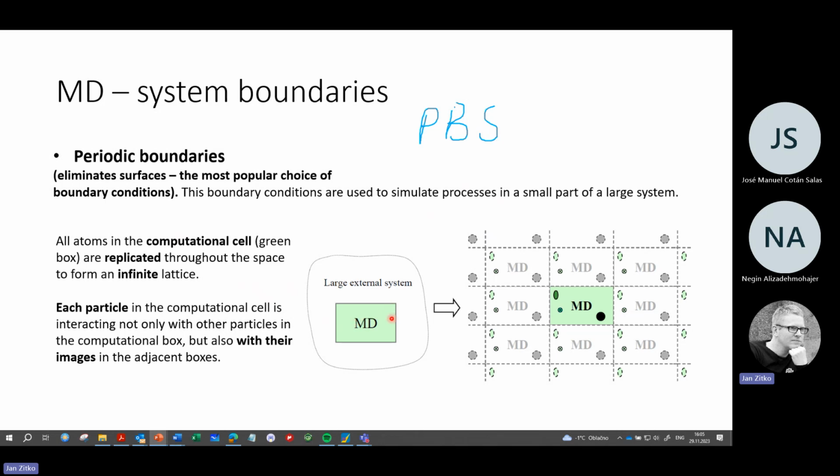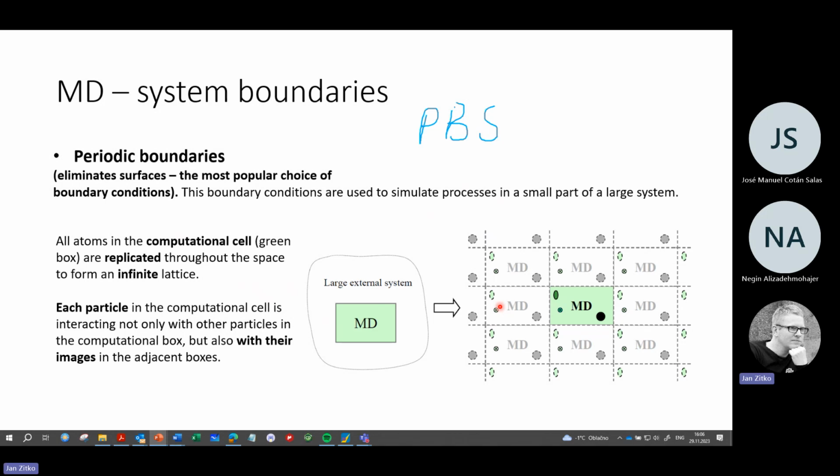Then you let the computer replicate this basic cell in the directions of the axes x, y, and z. On this simplified scheme, I have replicated only in 2 axes, but normally this would be a cube, so the basic unit will be replicated in 3 axes, x, y, and z.